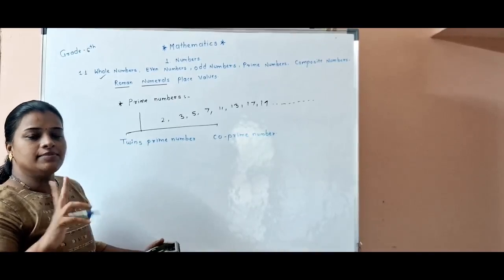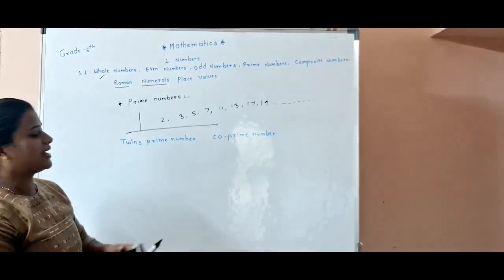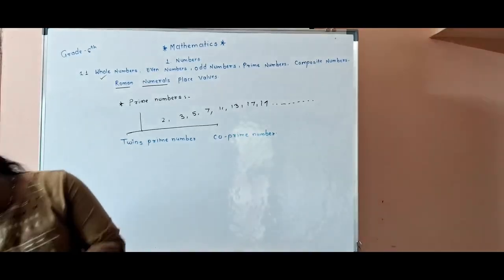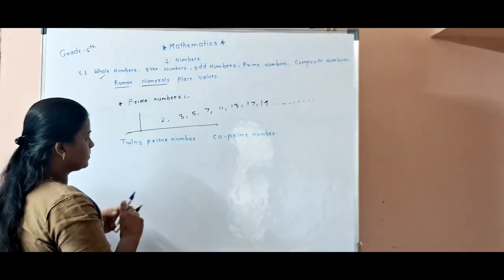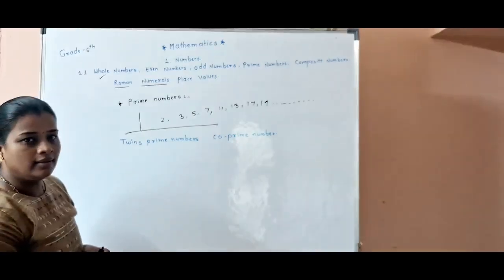We will study twin prime numbers. We know that twins means 2, right? So what is this 2 exactly? That I will explain to you. Listen to me.